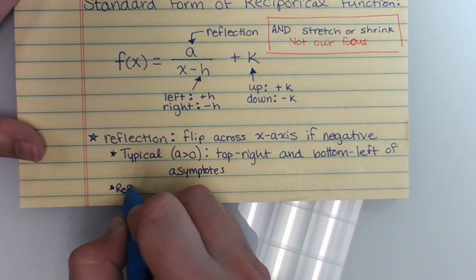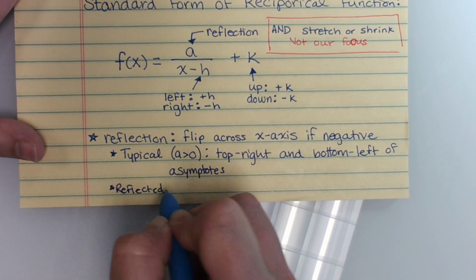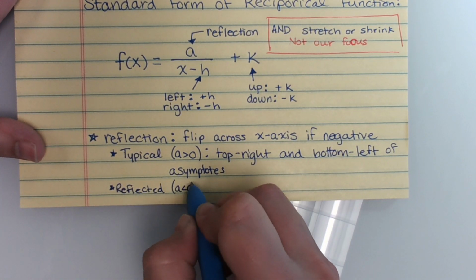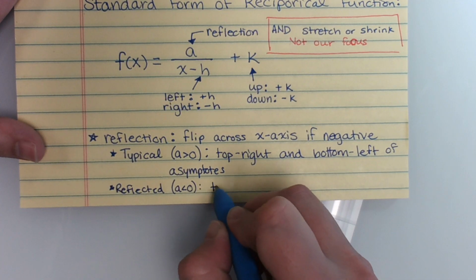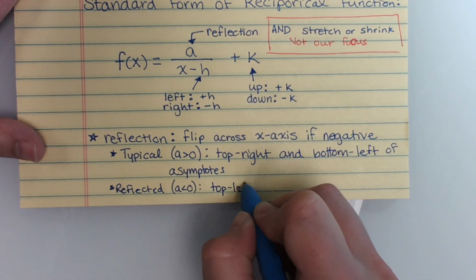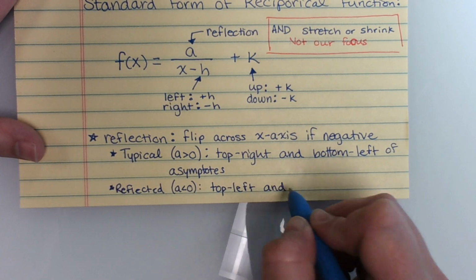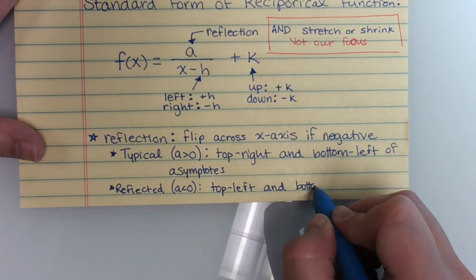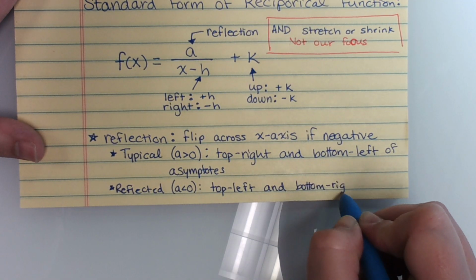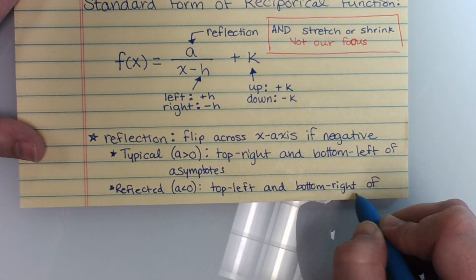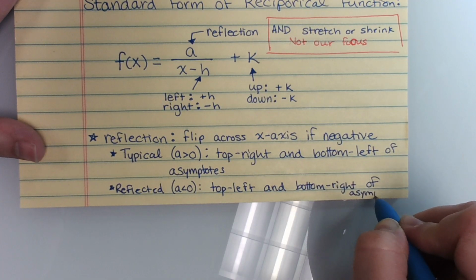If it's been reflected, in other words, when A is negative, it will be in the top left and bottom right, again, of where the asymptotes are.